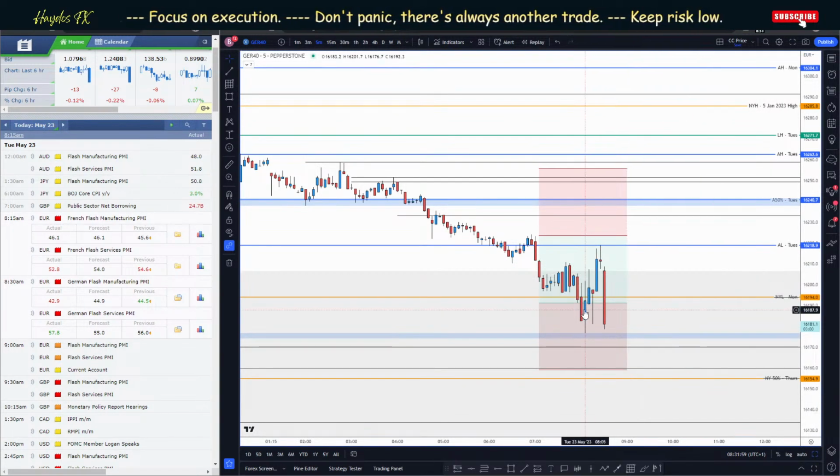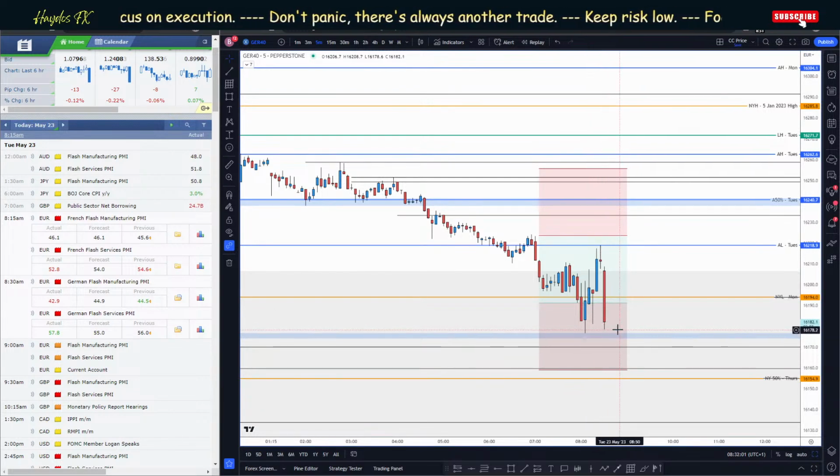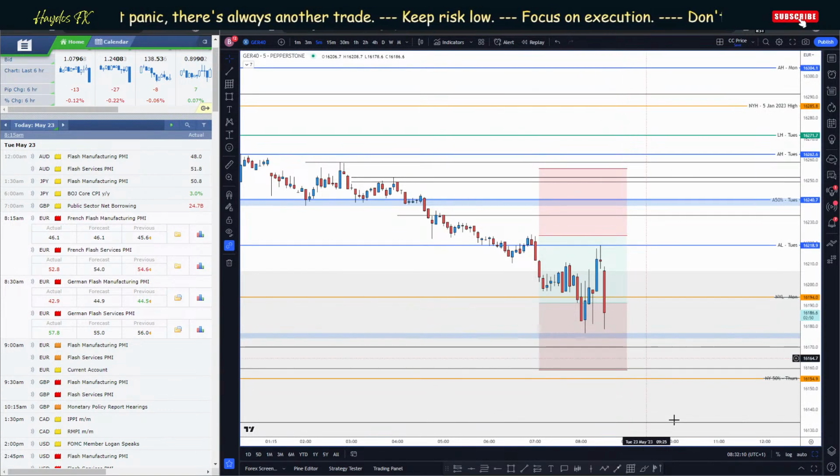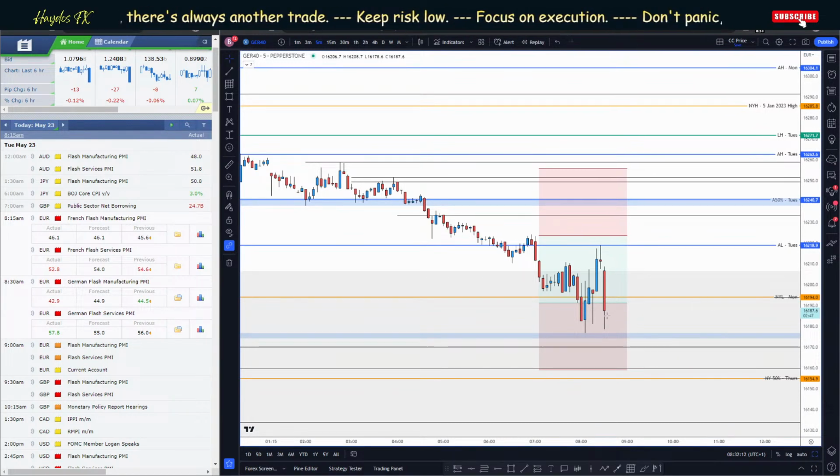But I don't want this to be a repeat of the 19th. So I'm not taking breakouts. Had a little doji that it took, showing a bit of rejection from here.